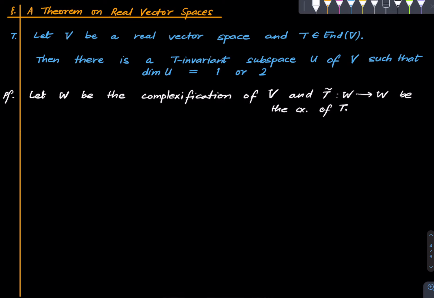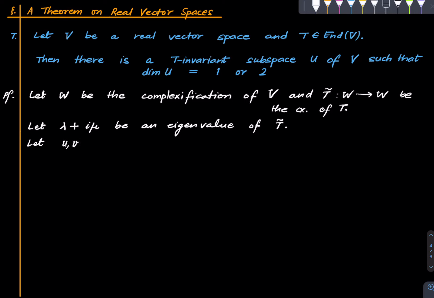So since T tilde is a complex endomorphism, we know that there is an eigenvalue. So let lambda plus i mu be an eigenvalue of T tilde.